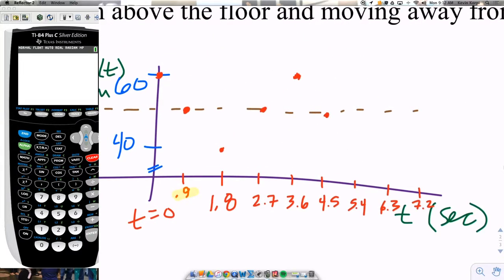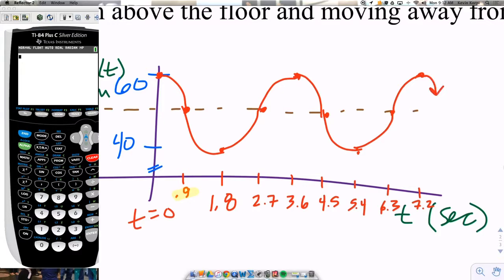So then we go back down to 4.5, then to 5.4 at a low, 6.3, and 7.2 coming up. So with our critical values there, we then just connect the critical values with these exaggerated curves, curving up, and curving down, concave down. We turn the corner to show that it keeps going.